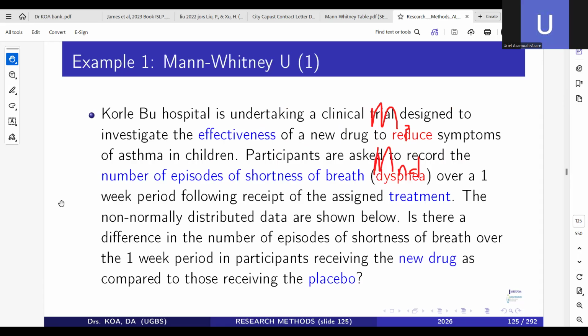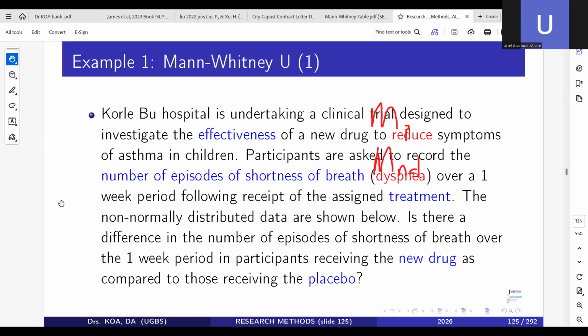Uriel. So the null hypothesis will be MP is equal to MND, and the alternative will be MP is not equal to MND.